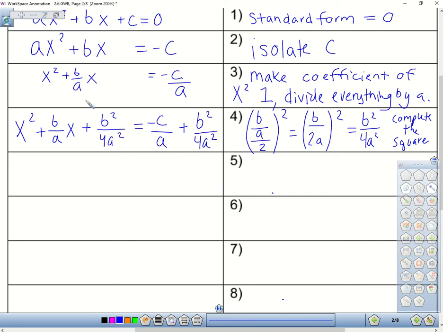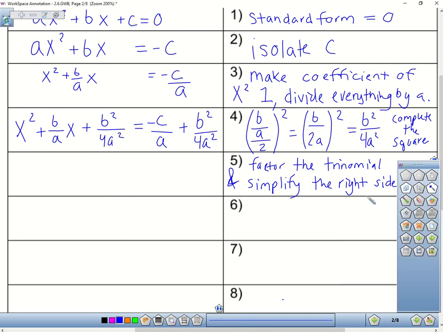So my next step is going to be to factor the trinomial and, that's an and sign, a poorly written one, simplify the right side. So let's go ahead and do that.